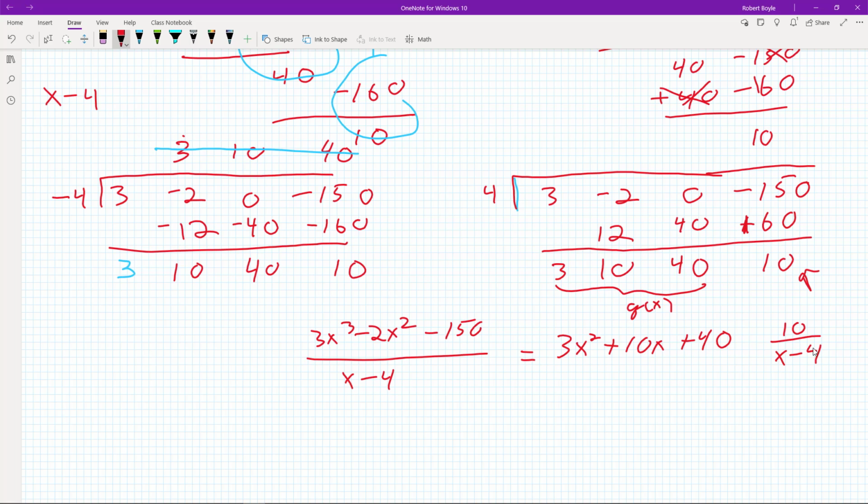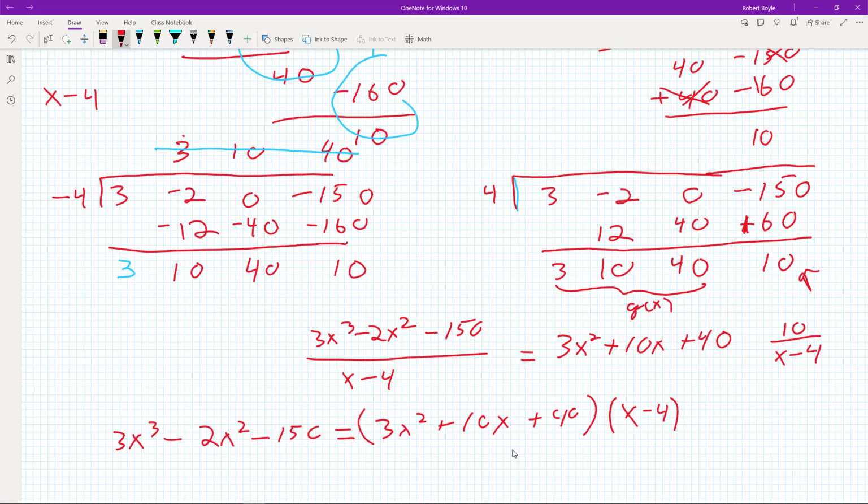This is our quotient, and then this would be our remainder. If we multiplied everything by x minus 4, we would have 3x cubed minus 2x squared minus 150 is equal to 3x squared plus 10x plus 40, all that times x minus 4, our divisor, plus 10, which would be our remainder. So this is our divisor, this is our quotient.